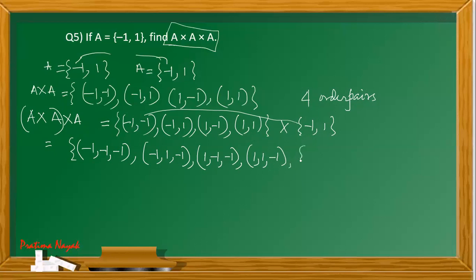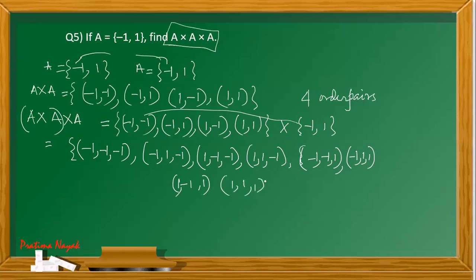Next I'll go for plus 1. So this will be minus 1, minus 1, 1, minus 1, 1, 1. Next, I'm continuing here, 1, minus 1, 1, and 1, 1, 1.